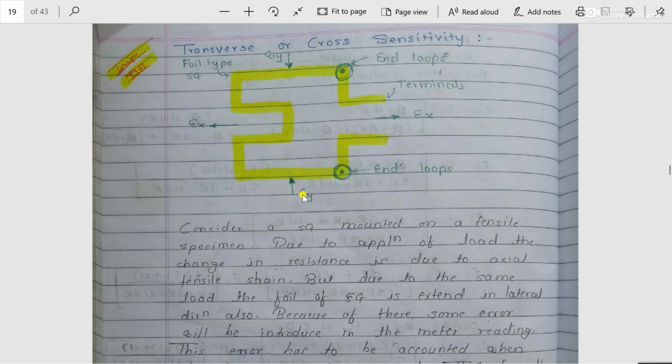This epsilon y creates the error during measurement. As I already explained, if high accuracy is required while taking the reading, we also have to consider this error during the measurement. So I have to introduce the transverse sensitivity, or cross sensitivity, factor in strain gauge applications.